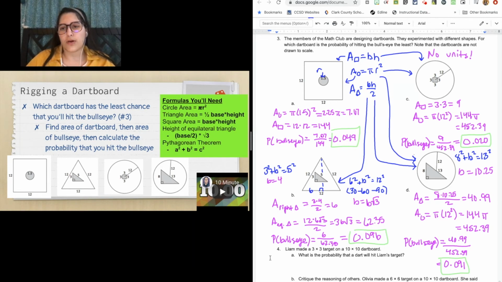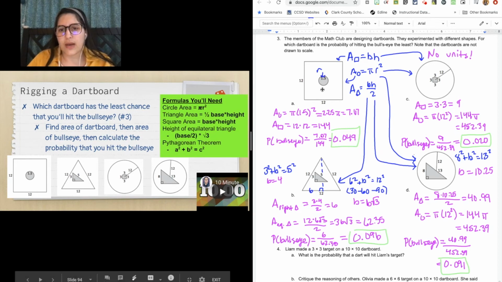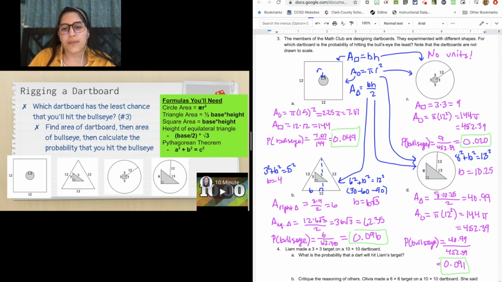So for all of them, I figured out what the area of the shaded shape was first. So like in part A, it was this circle. In part C, it was this square, etc. If I was missing any values, like in the bottom 2, I was missing the base of the shaded triangle for both of them.